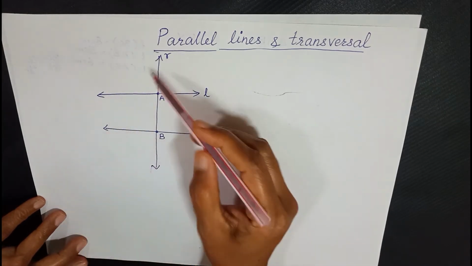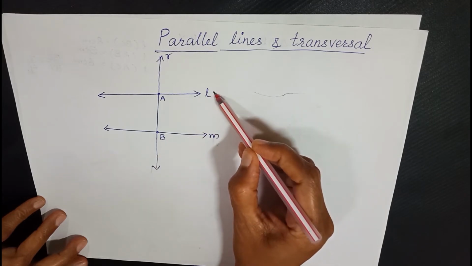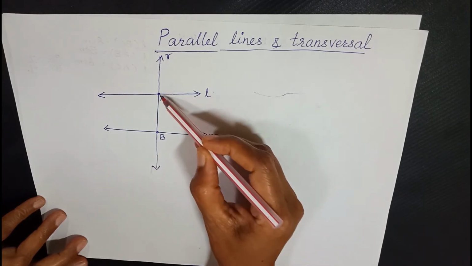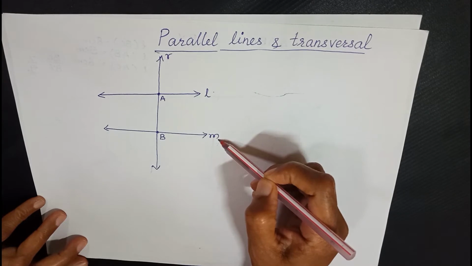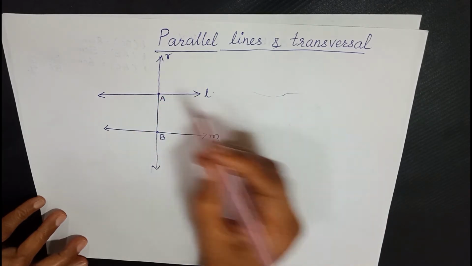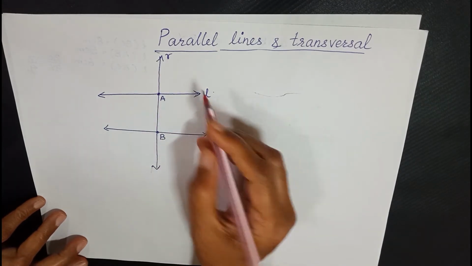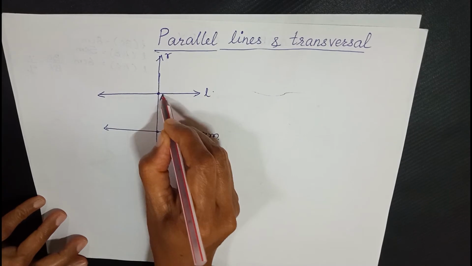So in this case, line R is a transversal. It is cutting line L, or intersecting line L, at point A and line M at B. Now you can see because of this transversal, at every point, angles are formed, right? So one arm is this, one arm is this.